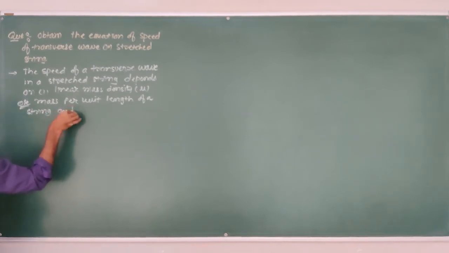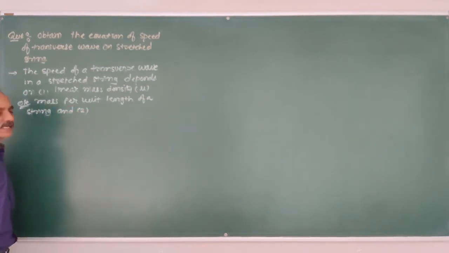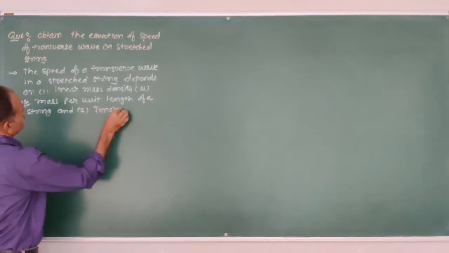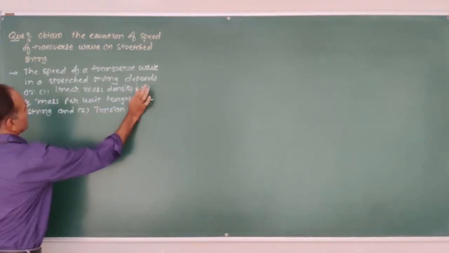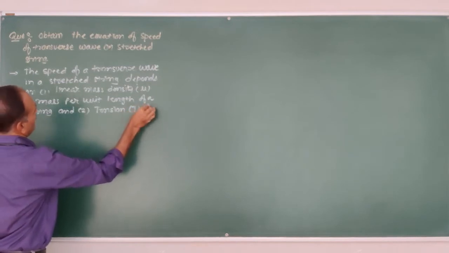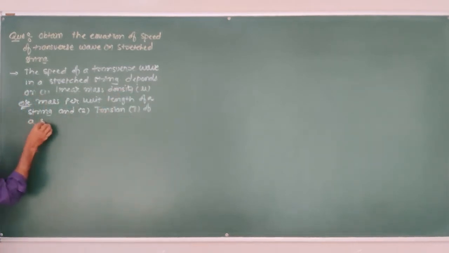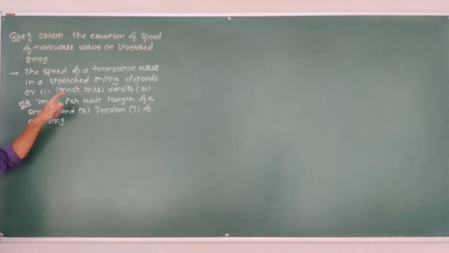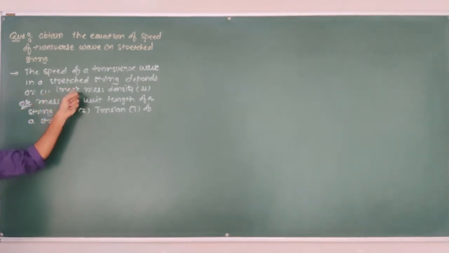And second, it depends on the tension, capital T, of the string. Therefore, in a stretched string, the speed of a transverse wave depends on two factors: one is the linear mass density mu, and the second is the tension of the string.